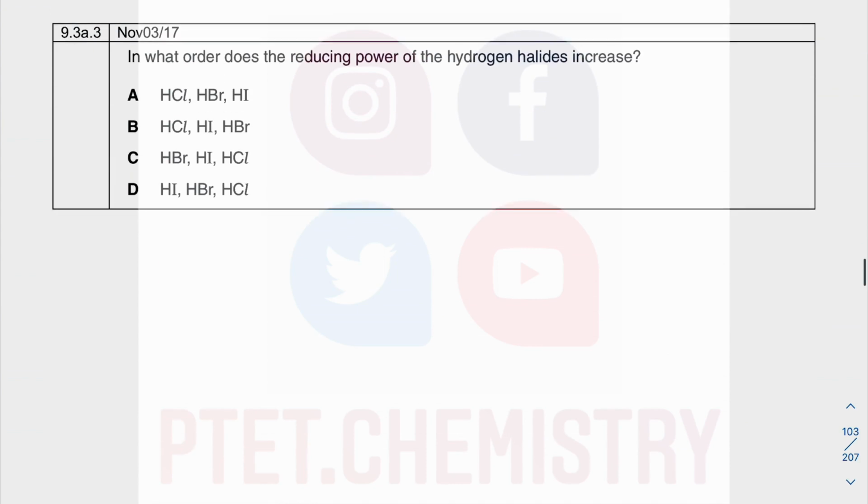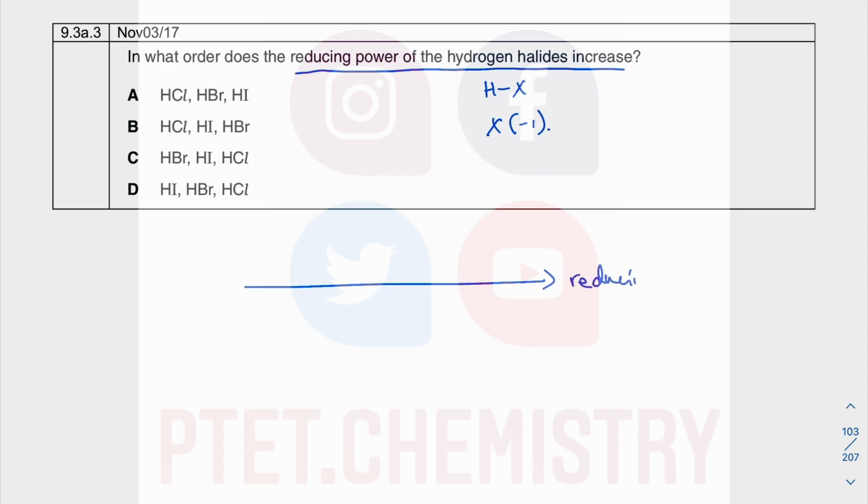So in the next bit of the question, they're asking how does the reducing power of the hydrogen halide increase? In what order do they increase? When we look at the hydrogen halide, we have X minus. So we can think about reducing power of the halide. The I minus is a strong reducing agent.